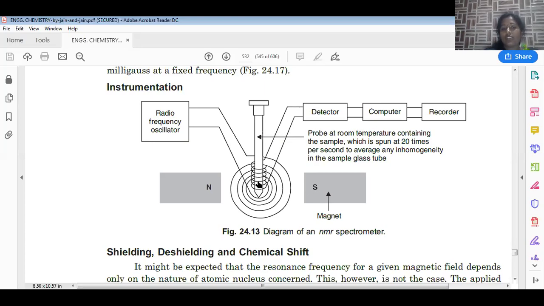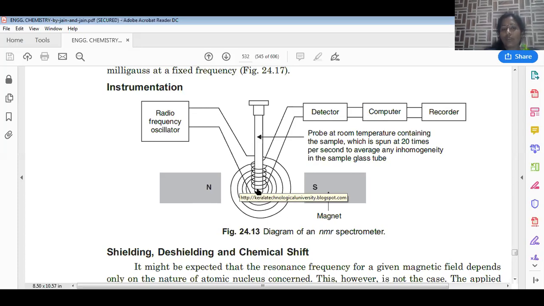Radio frequency is allowed to fall on the compound. The sample holder is kept between the north pole and south pole of the magnet. Here we apply radio frequency, which is energy, and the magnetic field. Both are applied on the sample so that flipping of protons occurs, and the signals generated are transported to the detector, then to the computer, then to the recorder, which is the output of our signals.